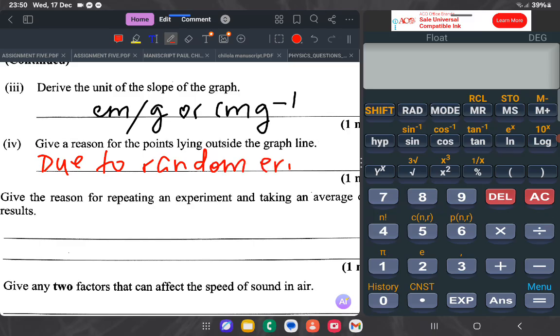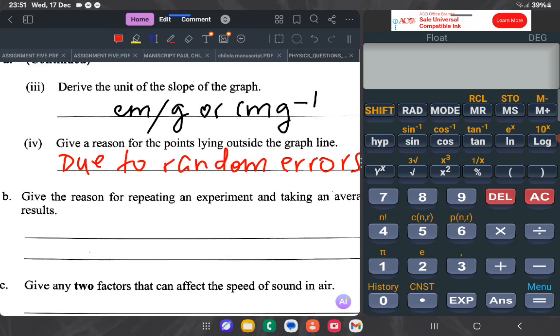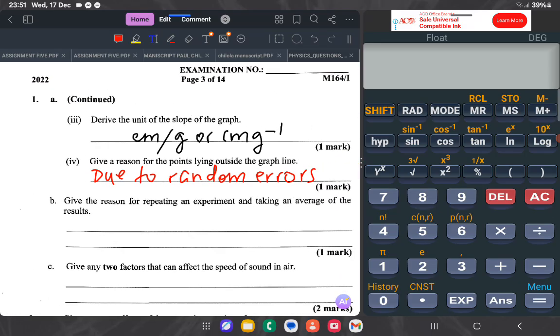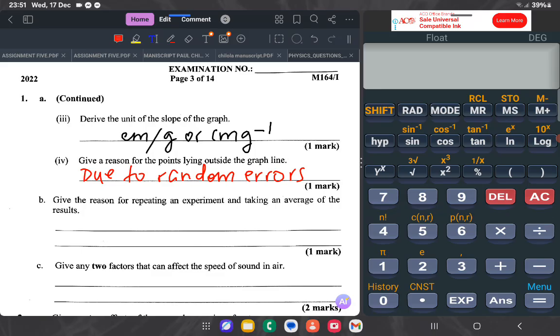Let me urge you to go back and revise your notes on errors, types of errors, such as systematic errors and what causes them, parallax errors, and other types of errors. Go back and revise.